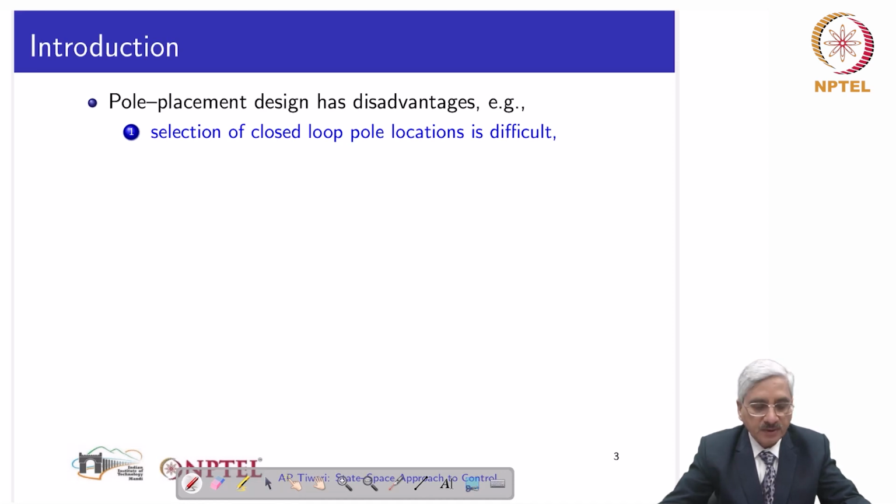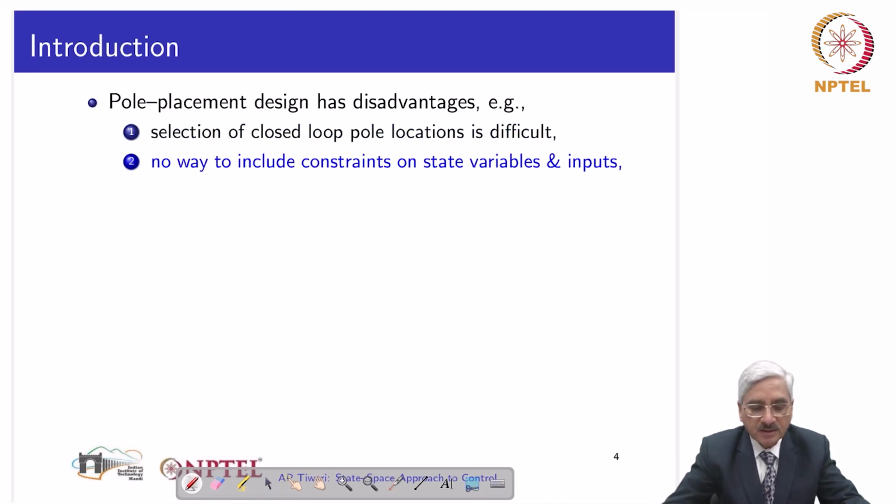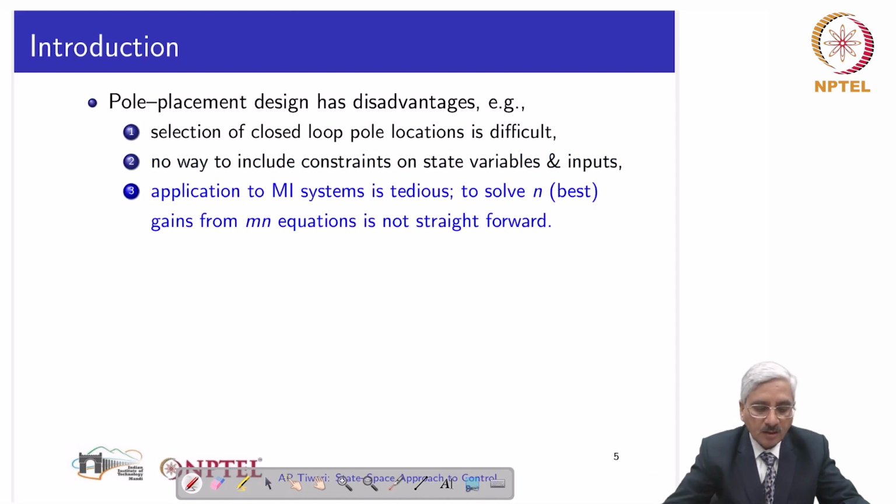Then another difficulty is that often in physical systems we have constraints on state variables as well as the inputs. In the pole placement design methods, there is no way to include these constraints on state variables and the inputs.